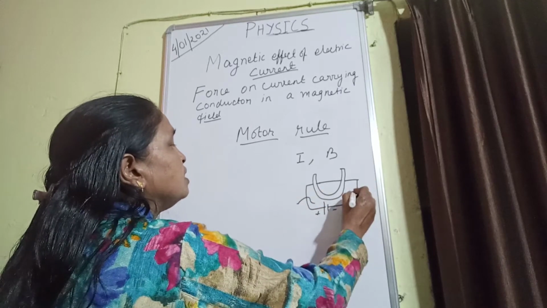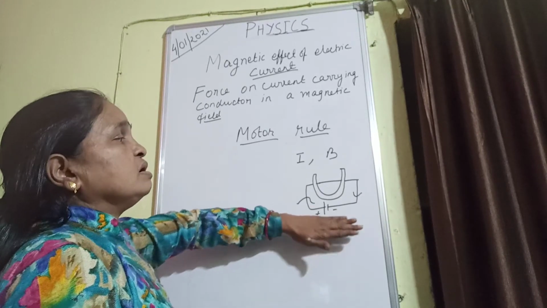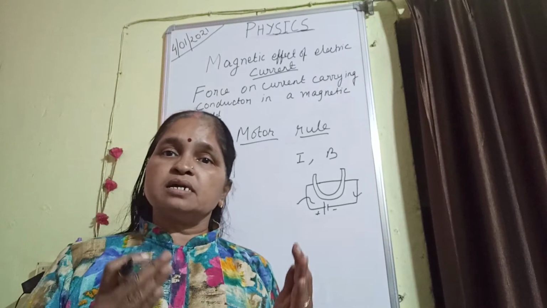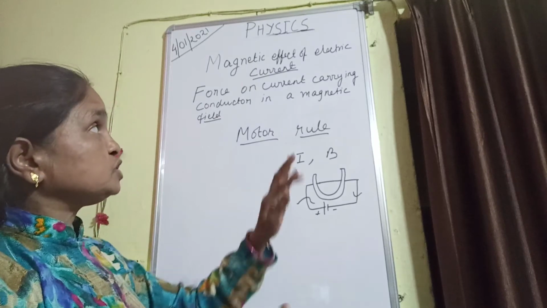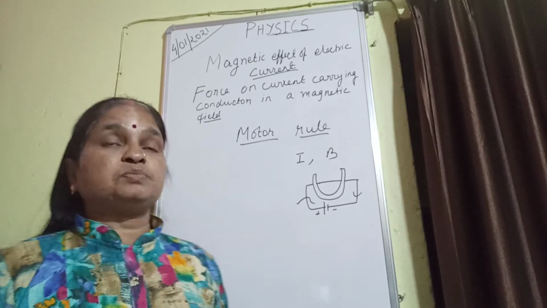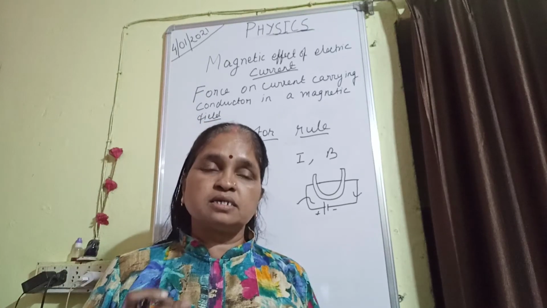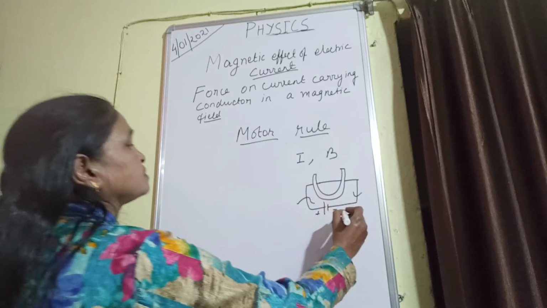Here what we have got, electric current is changed into mechanical energy, means electrical energy is changed into mechanical energy. So if the question is asked on which principle motor works, very simple in one line, electrical energy is converted into mechanical energy.